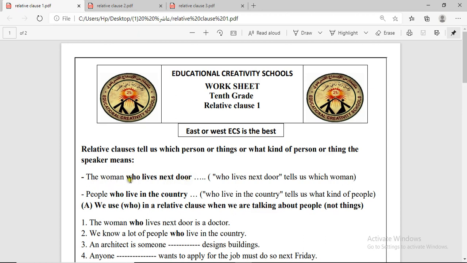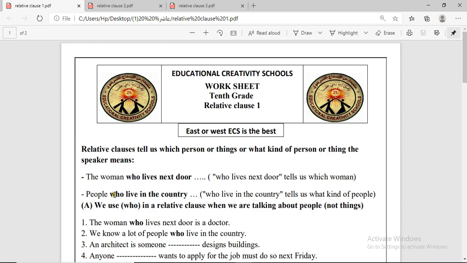The woman who lives next door tells us which woman the speaker is talking about. People who live in the country. The clause who live in the country tells us what kind of people the speaker is talking about.